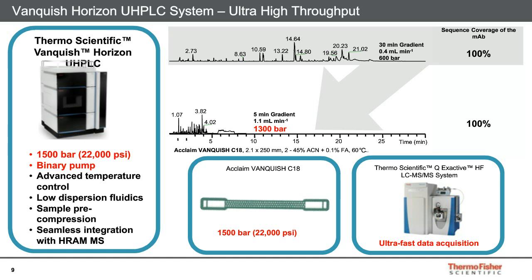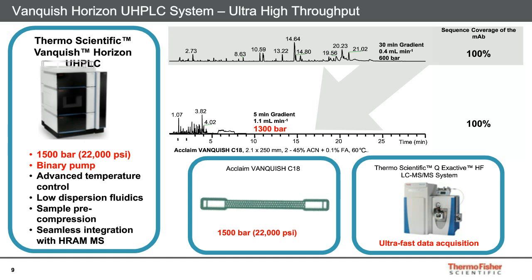The main difference compared to the Vanquish Flex system is the type of pump, which is in this case a binary pump with a low gradient delay volume, which is highly suitable for LC-MS and high throughput analysis, and the 1500 bar capability, which is 22,000 psi.